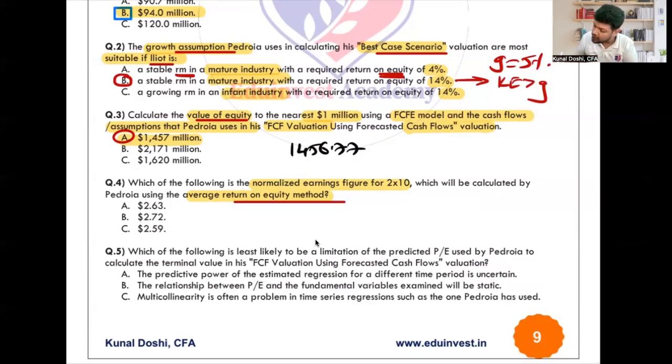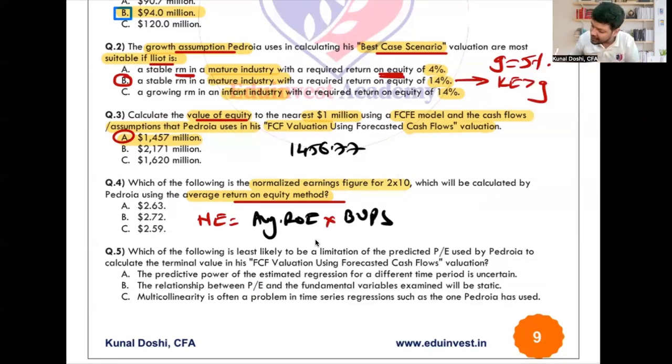So guys, there are two ways of calculating normalized earnings. When you use average ROE, it is net income over equity. This equity is nothing but the book value, but this you need to multiply with book value per share if you want to find earnings per share.